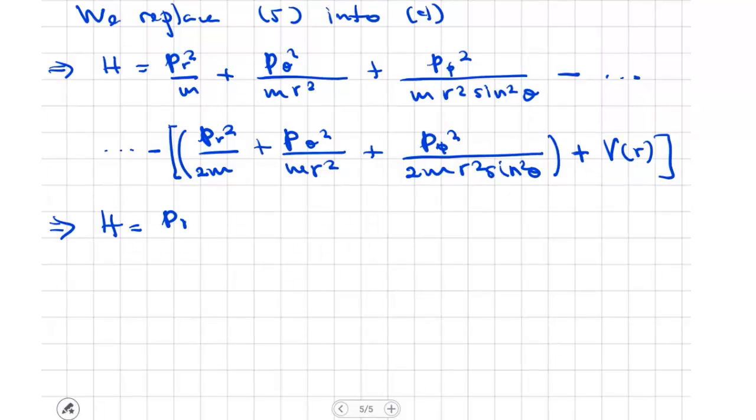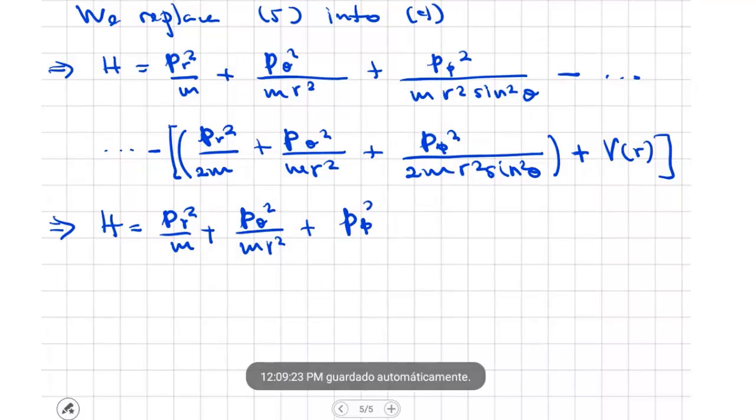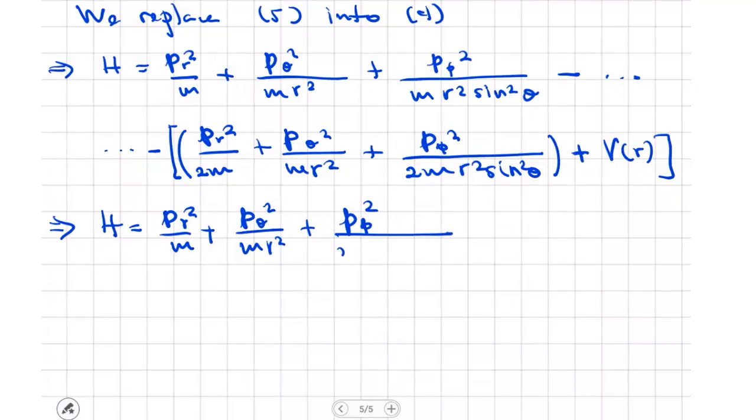p_r squared divided by the mass plus p_theta squared divided by m r squared plus p_phi squared divided by 2m r squared sine squared of theta, minus, I write in the next line because this is too short.